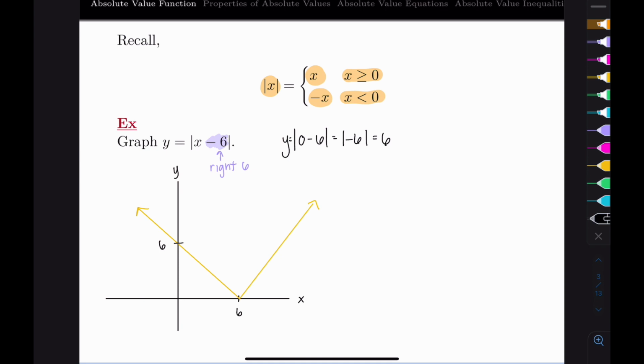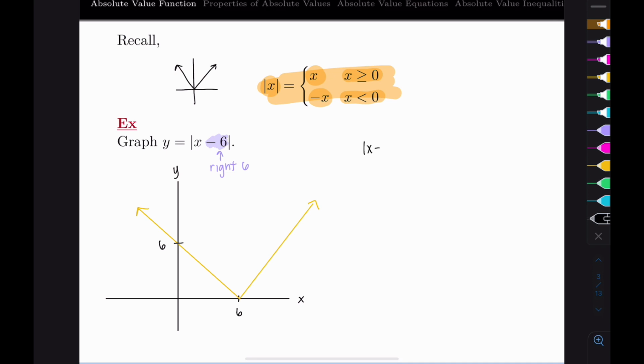Okay? So in the exact same way that we had a piecewise defined function back up here, we can do the same thing with this absolute value function. So before, if you think about the graph of this, 0 was the cutoff point between switching over between these two lines. Now our new cutoff point is 6. So we can actually show that with this definition.